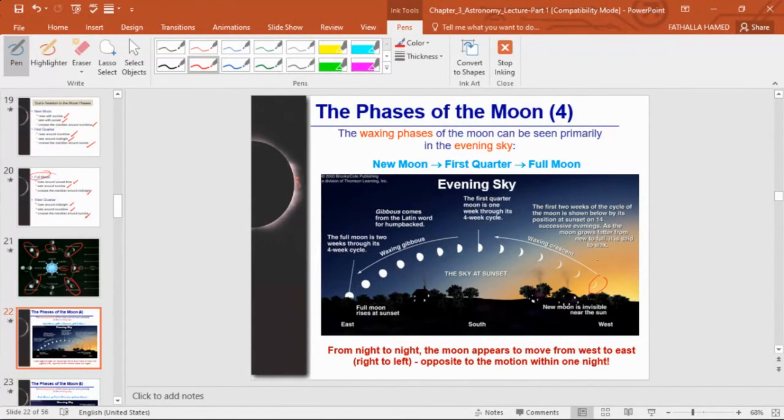Then every night, the crescent will be a little bit higher in the sky, and it gets bigger till it becomes a first quarter. And at the first quarter, at sunset, it will be at the highest point.